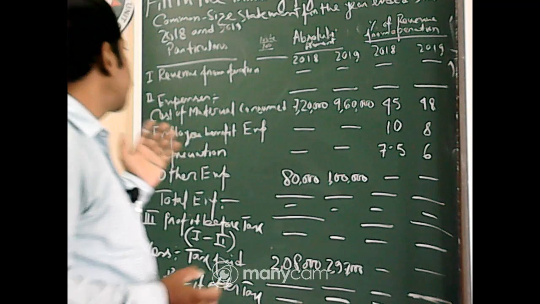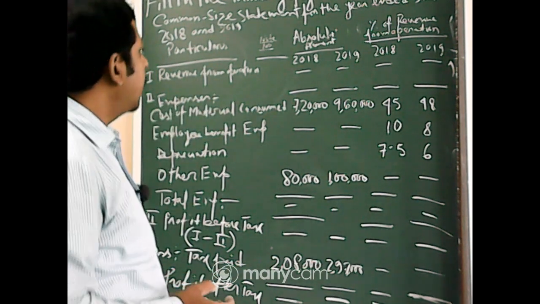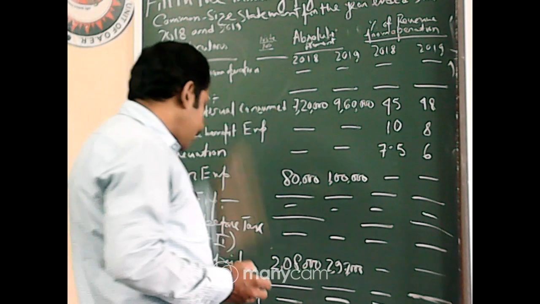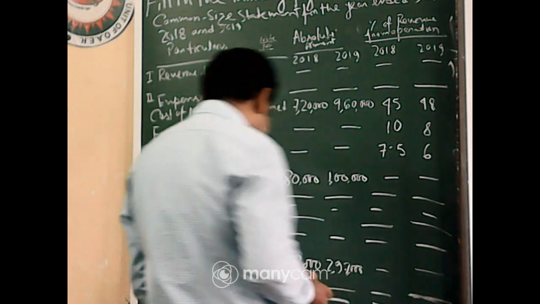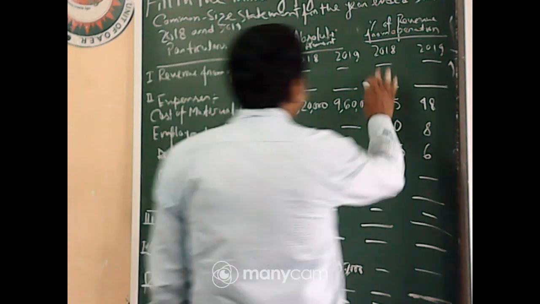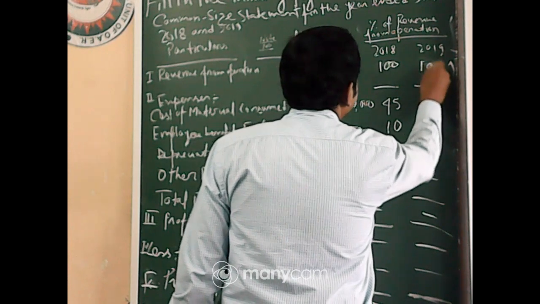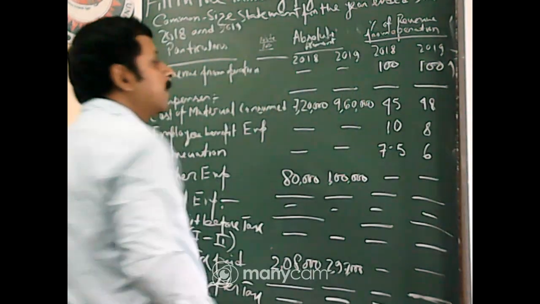In the case of a common size statement, revenue from operation is the base, and this percentage is always 100%. So you can write 100 and 100 here. That is the common percentage we take.